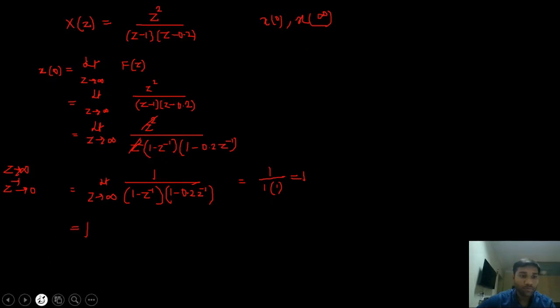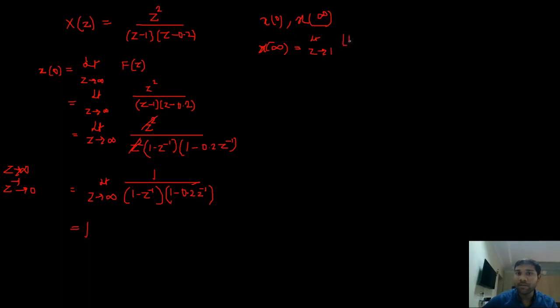Now we'll do the final value theorem, where we have to find x of infinity. What is x of infinity? x of infinity equals limit z tends to 1, 1 minus z inverse into f of z.